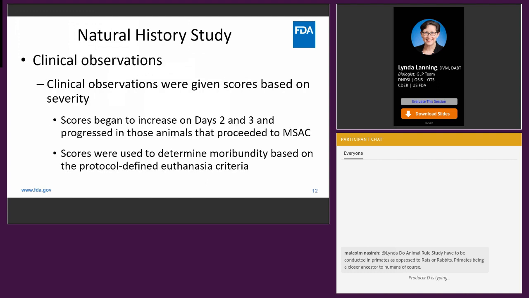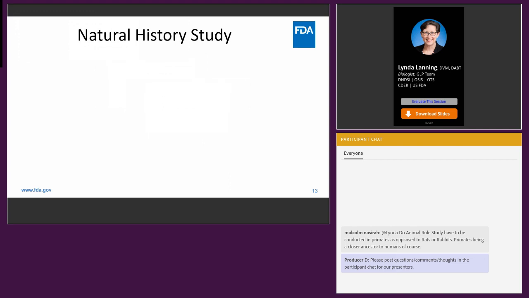Clinical observations were given scores based on severity, and scores began to increase on days 2 and 3 and progressed in those animals that proceeded to moribund euthanasia. Scores were used to determine moribundity based on the protocol-defined euthanasia criteria.